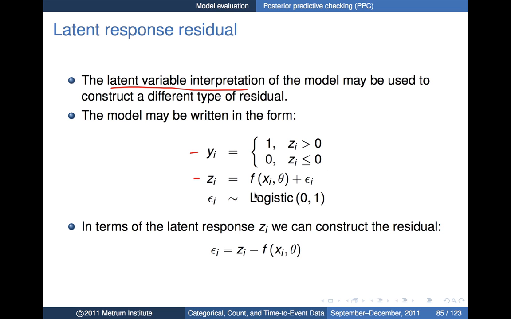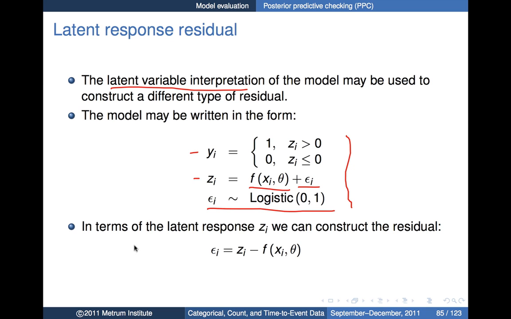And our latent variable is just the same function f we talked about before, plus some error term, epsilon i, where this epsilon i has a logistic distribution. It turns out that this is precisely equivalent to the model that we just talked about. It's the same form of the model. The difference is the way we've written it.